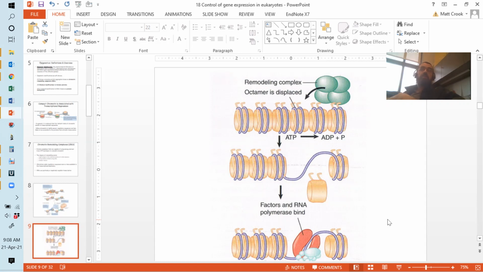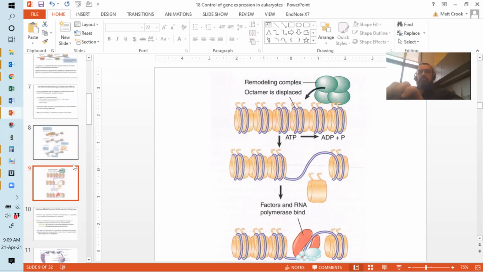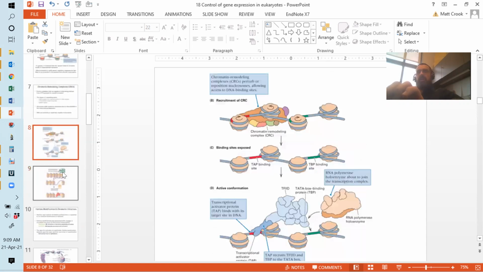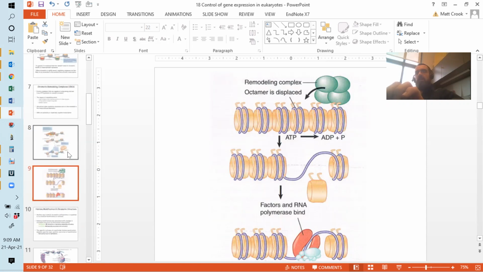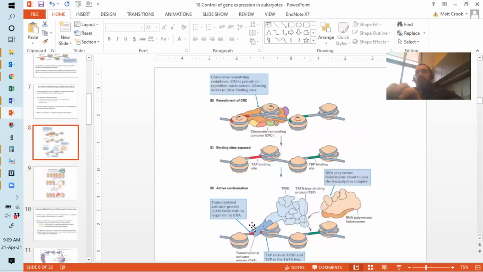Now, obviously, that's going to result in even higher levels of expression because we don't have to worry about the histones even being there, right? So that's a different way of thinking about it. And so these changes are not necessarily heritable, right? This is actually part of the dynamic flux of chromatin in the cell.